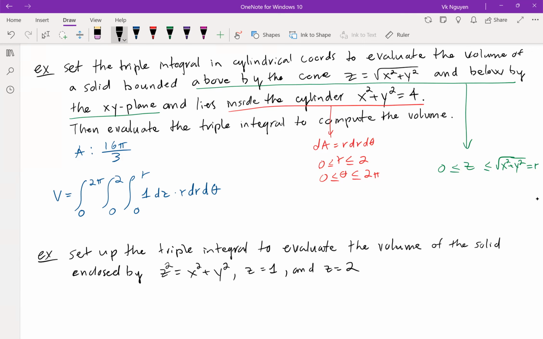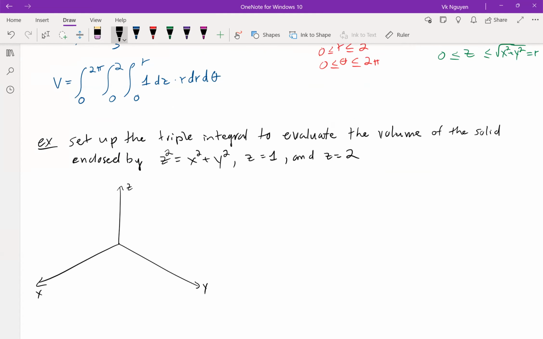Okay, so the solid is bounded by z equal 1 to z equal 2.